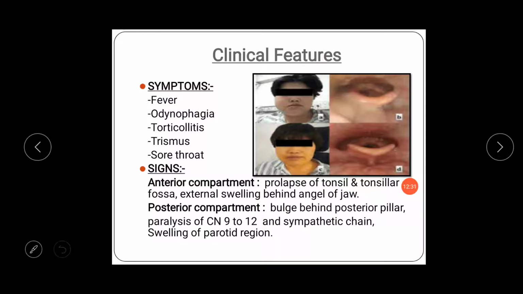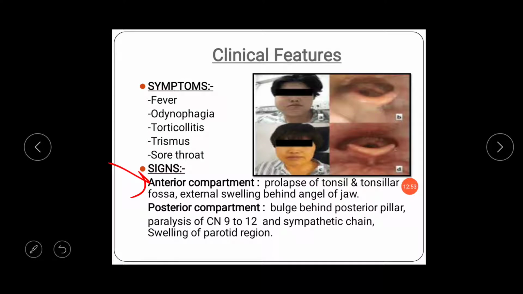On involvement of the anterior compartment, just anterior to the styloid process, there will be prolapse of the tonsil or tonsillar fossa, which is medialized in the pharynx area. There will be external swelling behind the angle of the jaw.